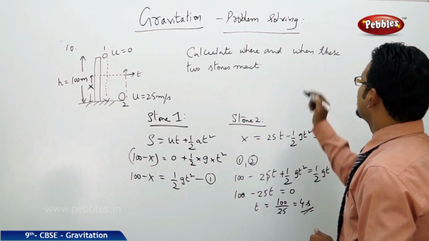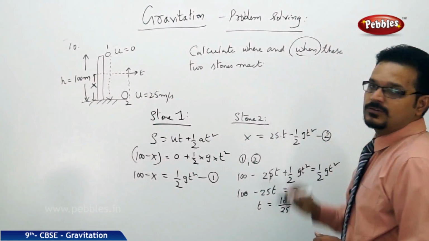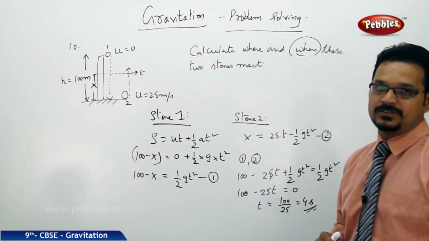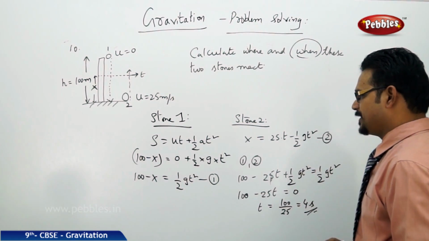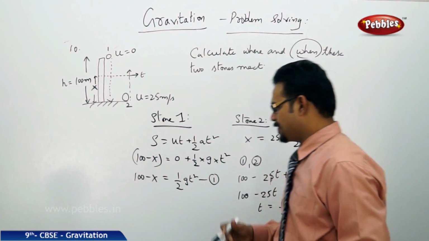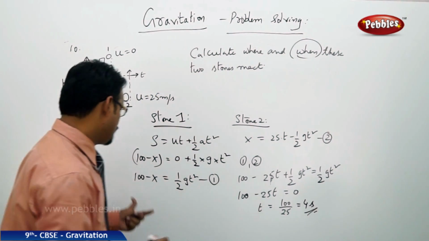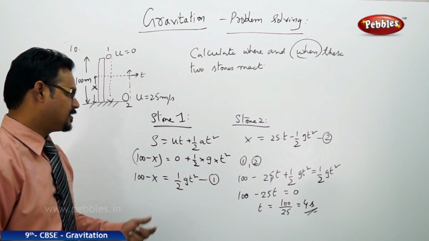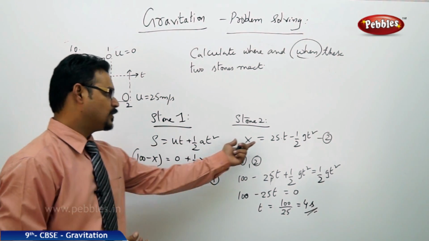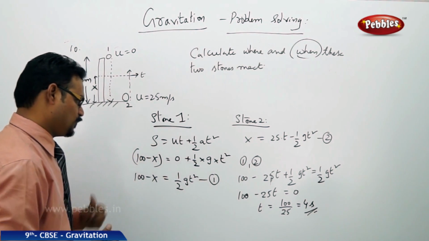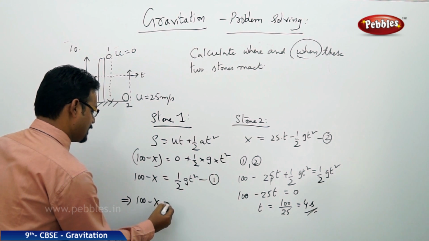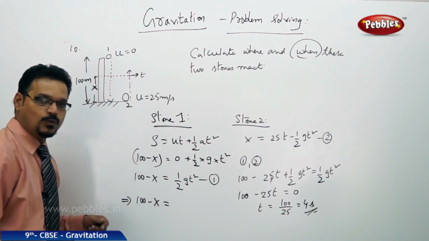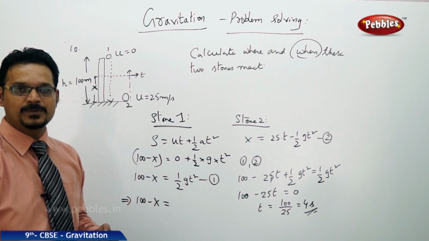So you got when they both meet. Now we need to find where, meaning the distance. As you got time equal to 4 seconds, let us go back to the expression 100 minus x equals half gt square, which is easier for us. Of course, you can take the other equation also, but I prefer this one. So 100 minus x equals half g t square. What is the g value? 10 meters per second square.